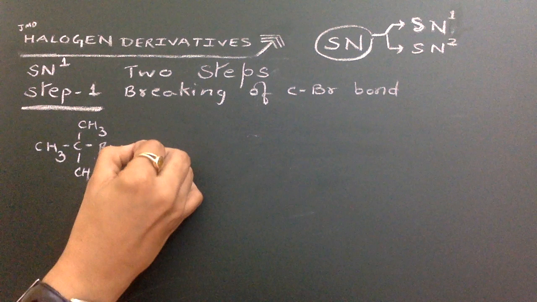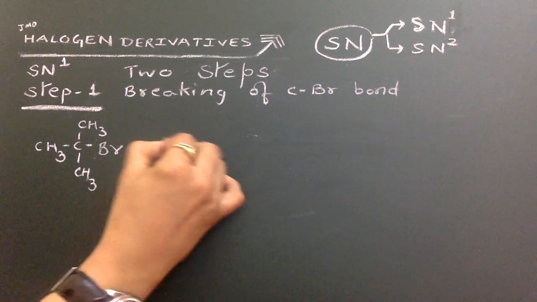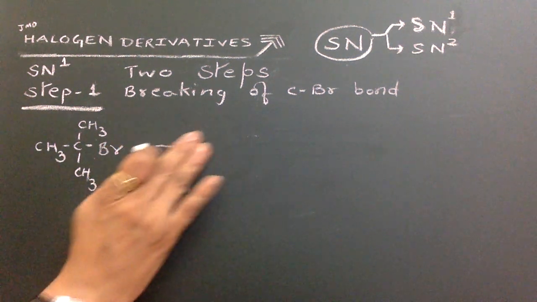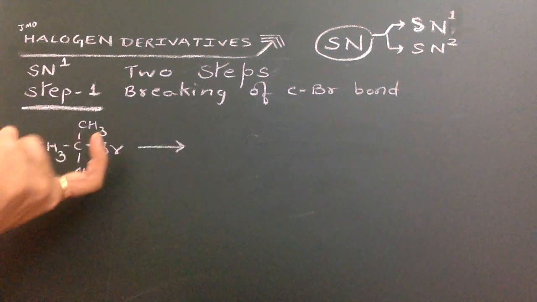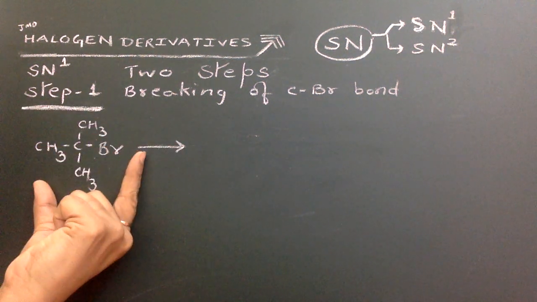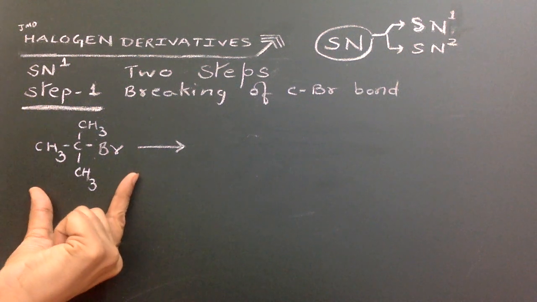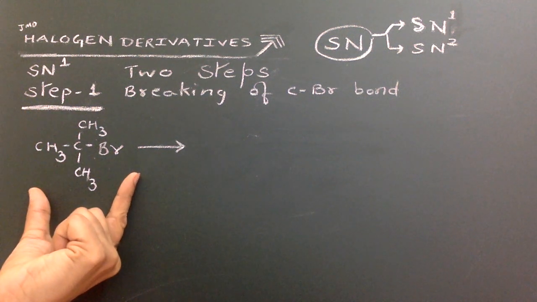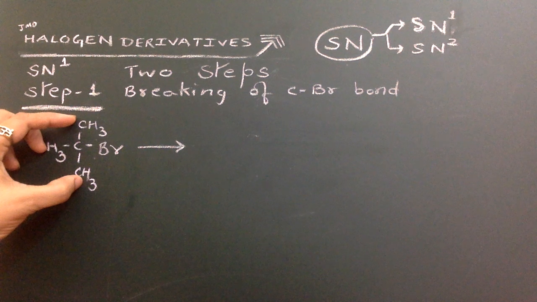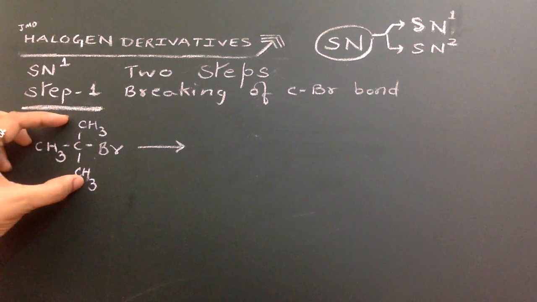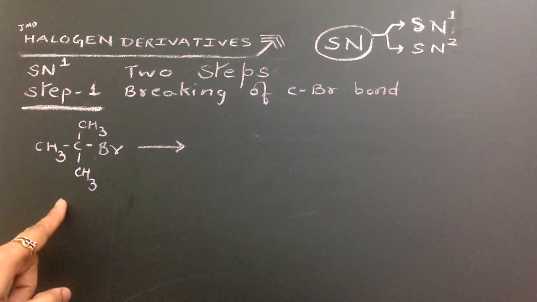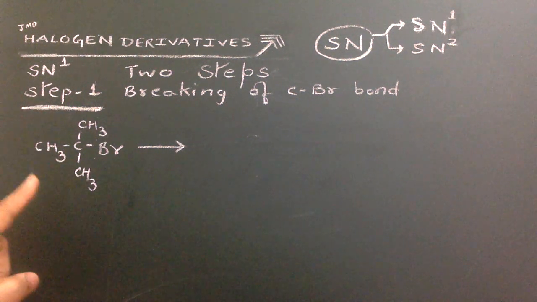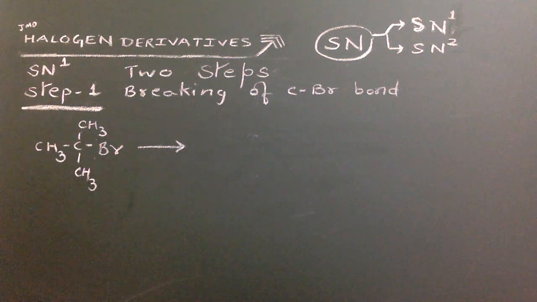Now see students, if you are very attentive, you will see that this substrate, which is tertiary in nature, has a very bulky alkyl group, tertiary butyl, so the nucleophile over here cannot attack from the back side.